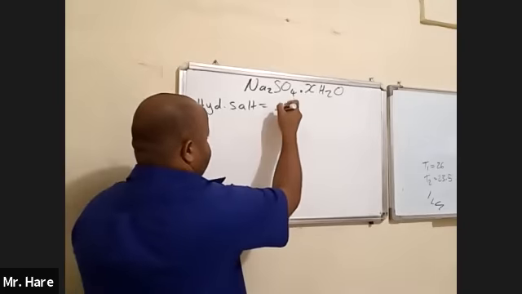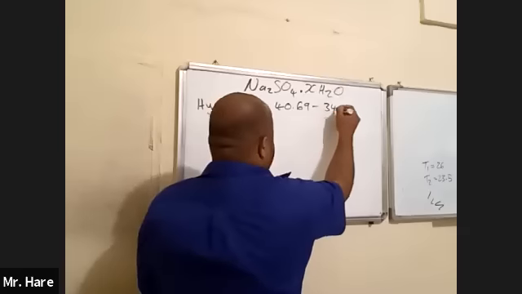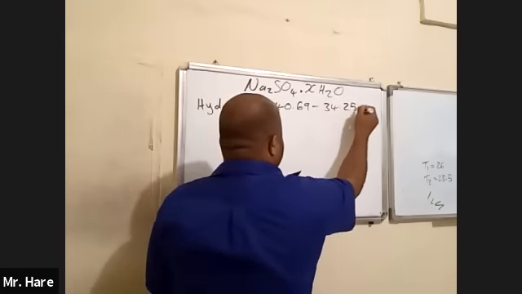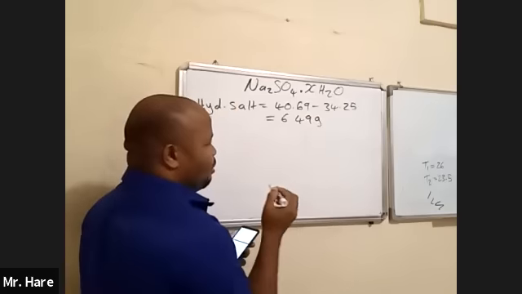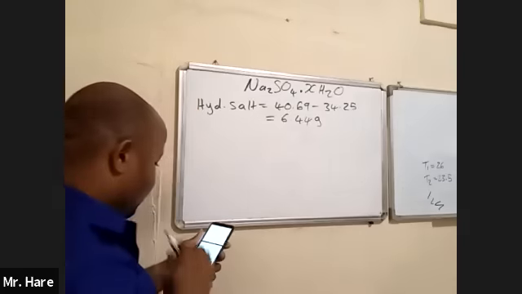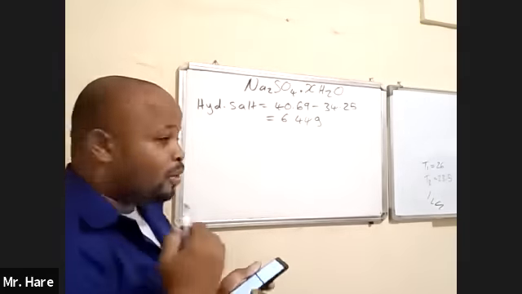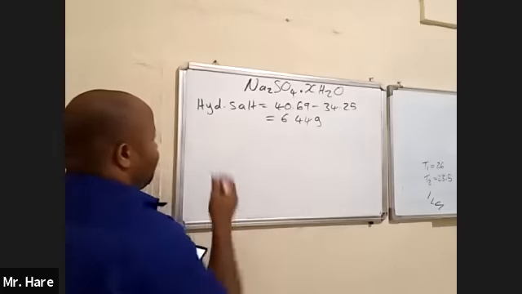So remember, that would be 40.69 minus 34.25. And what's the answer? Which gives you 6.44. 6.44 grams. Right, so the hydrated one is just the mass of the crucible and the washing soda minus the empty crucible.